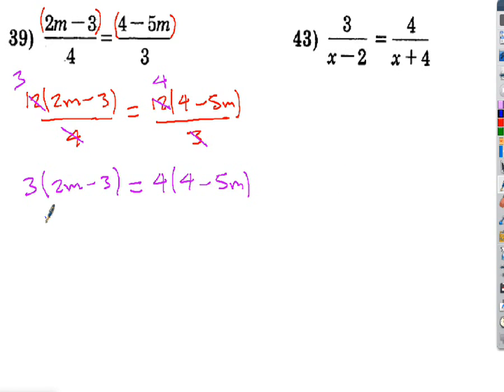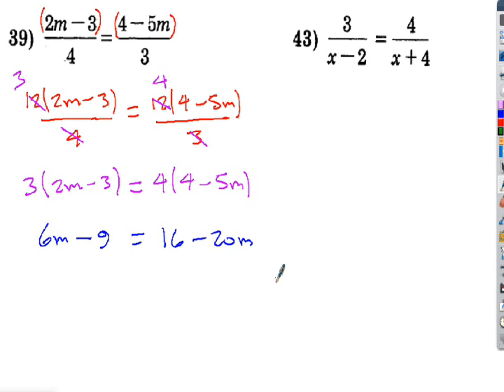Expanding the brackets on the next line, I will get 3 times 2m, that's 6m, and 3 times a negative 3, that's negative 9 on the left hand side, and on the right hand side 4 multiplied by 4, that's 16, and 4 multiplied by negative 5, that's negative 20m.